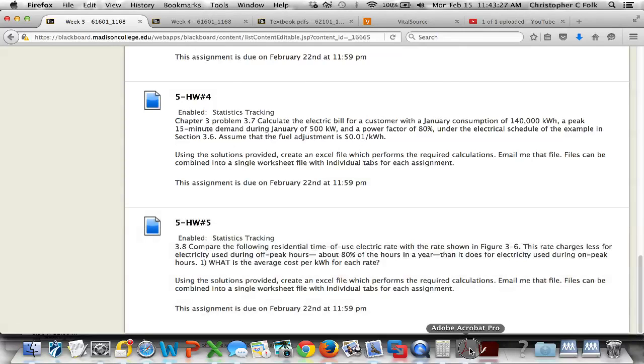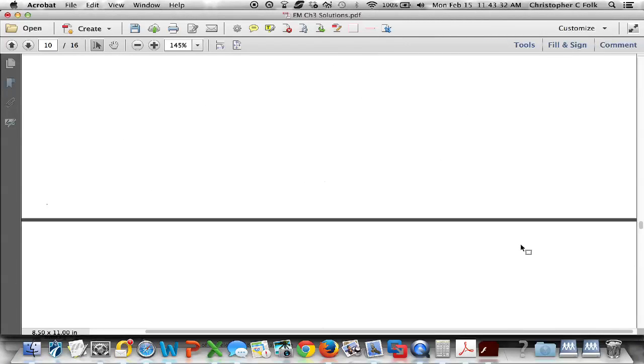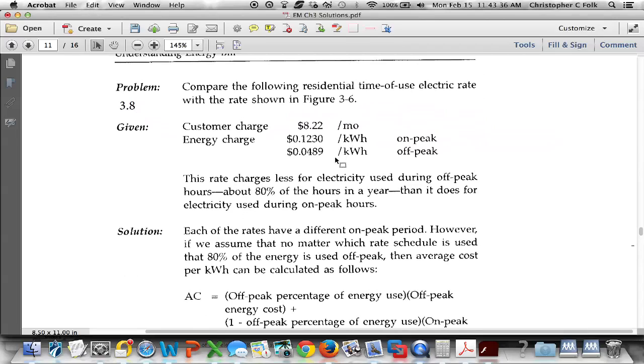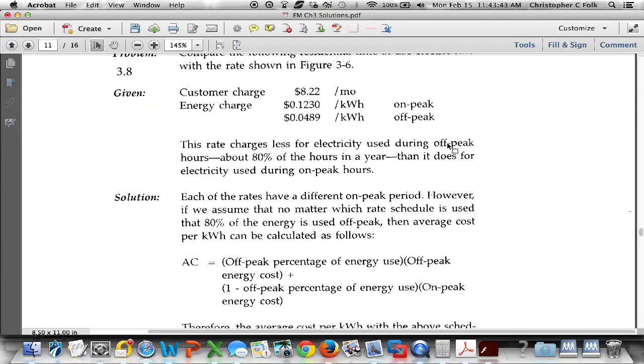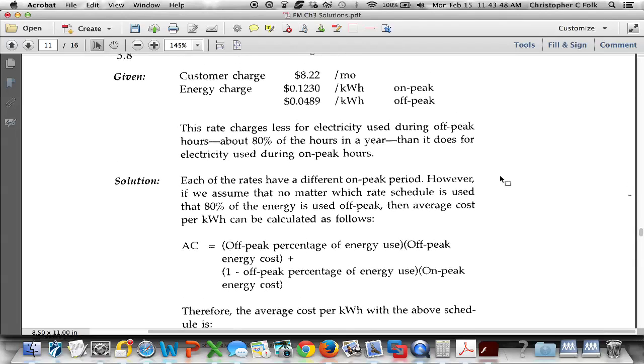Now let's look at the solutions manual. There's something I need to show you on this one. Notice it shows the new rate we're thinking about using compared to the one on page 98, Figure 3-6. One thing we'll notice right away is that the dates and times for each rate aren't the same.